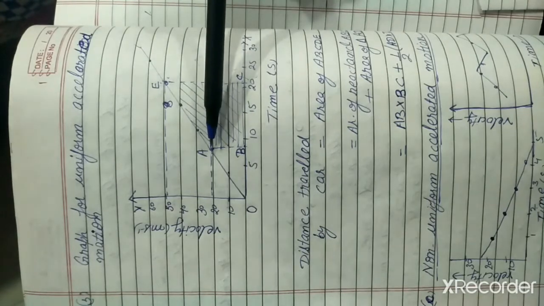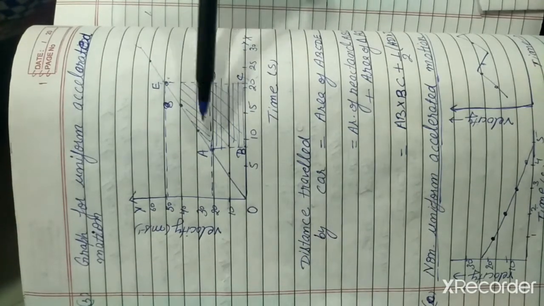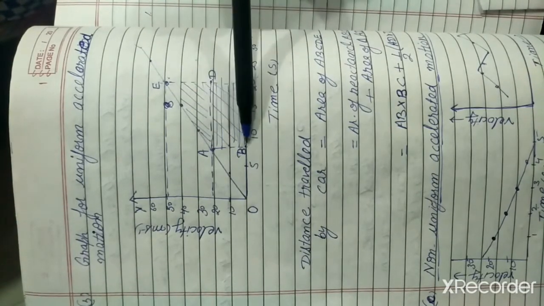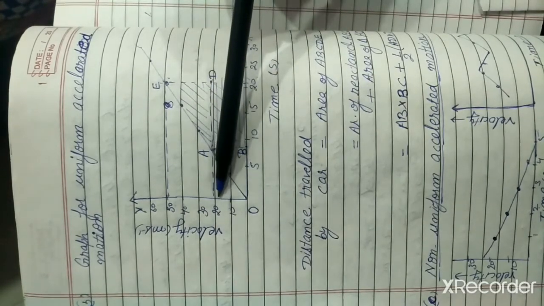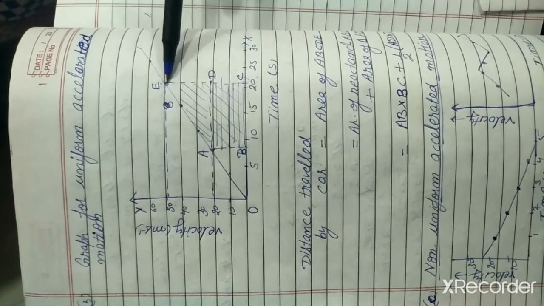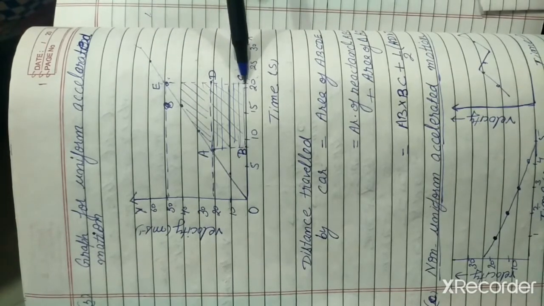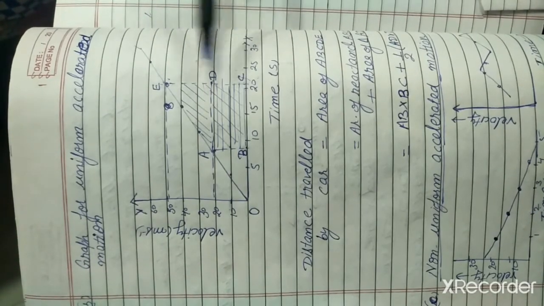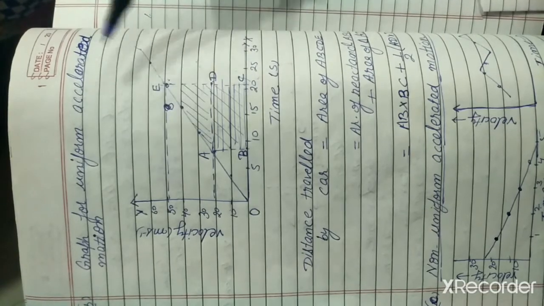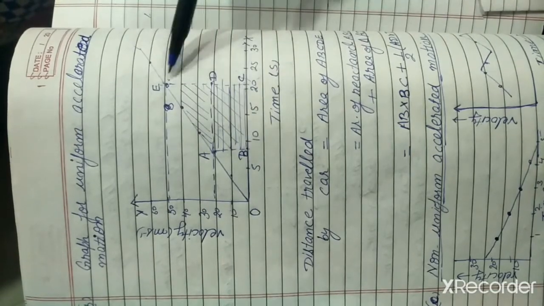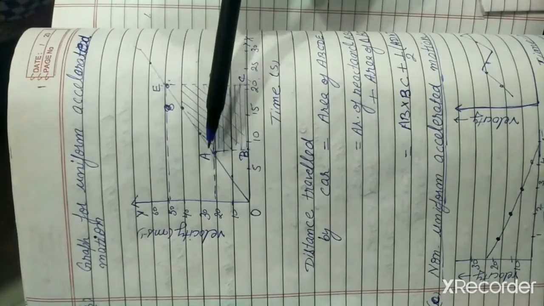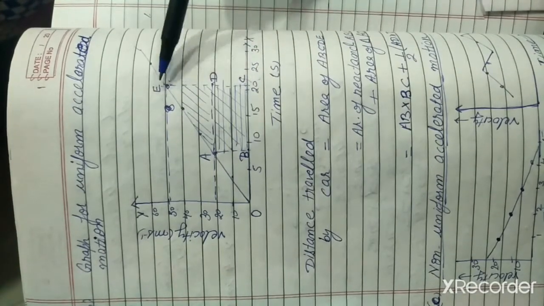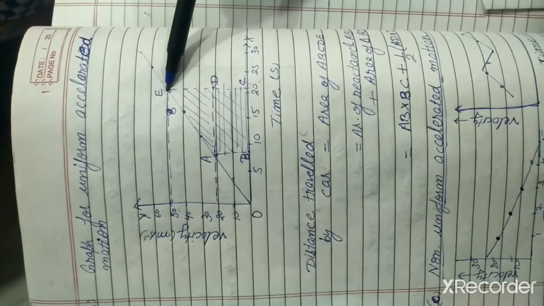Suppose we take any points A and E on the slope and draw perpendiculars on the x-axis and y-axis. Similarly, from E we draw perpendiculars on the x-axis and y-axis. We see the area covered under this slope is A, B, C, D, E, right?